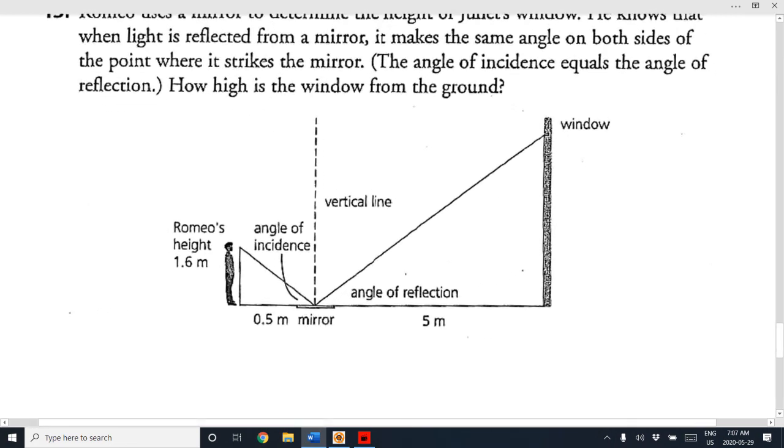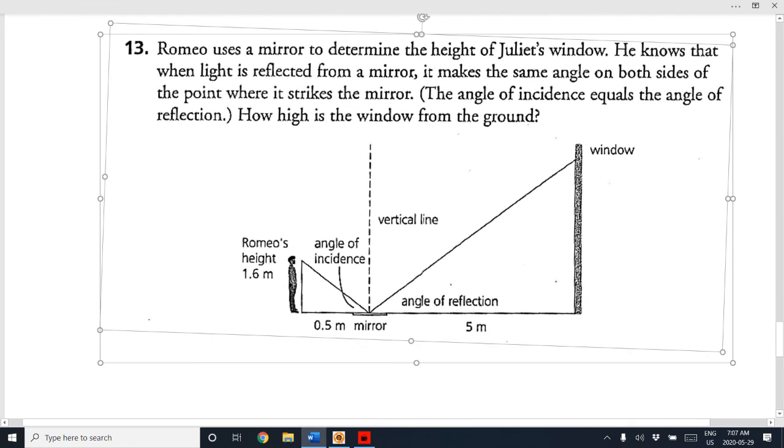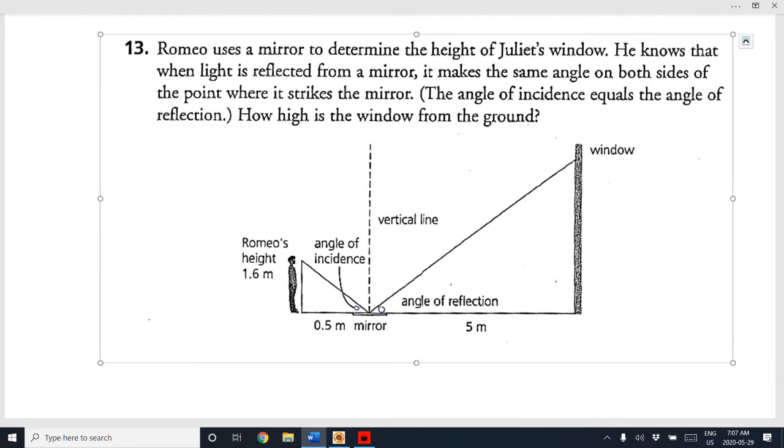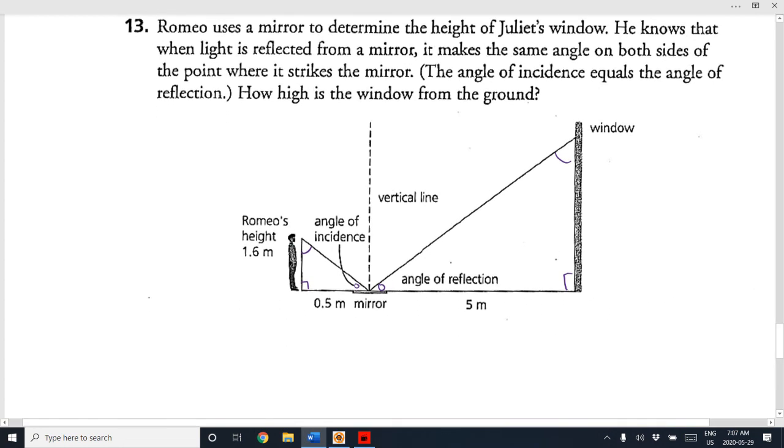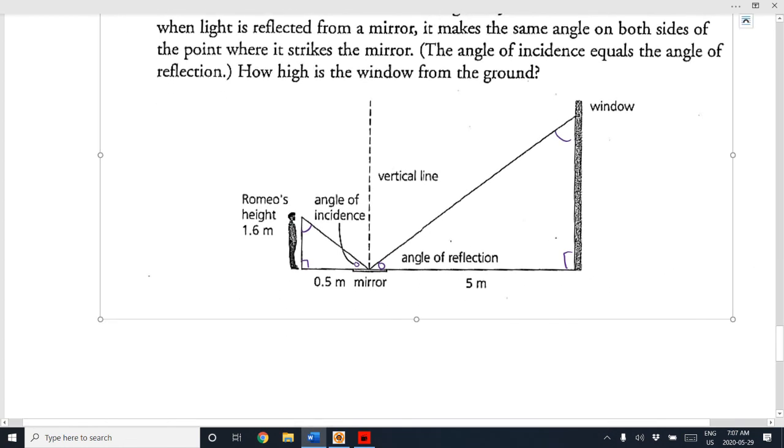So this uses the same principle that we learned in optics. So this angle here is going to be the same as this angle right over here. We know this angle is 90 degrees, and this angle here is the same. So we can see how we have our two similar triangles. So what do we know? We know the big triangle here, the distance between the mirror and Juliet's house is 5 meters.